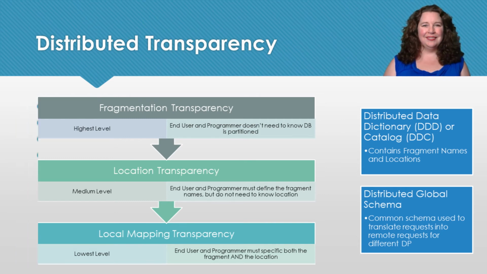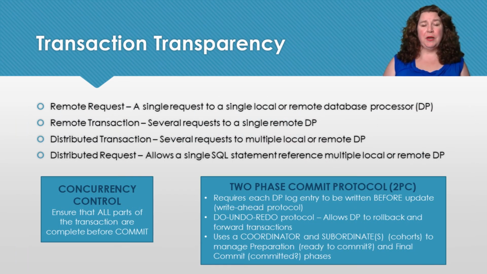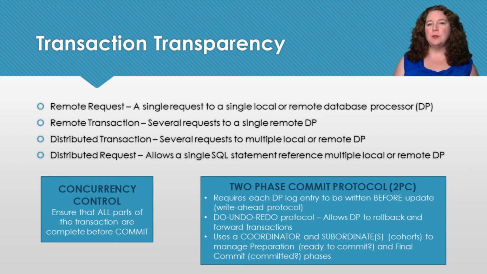Okay. Our transaction transparency is going to cover your ability to handle the transactions from multiple fragments, multiple locations. So we have 4 different ways of describing transaction transparency. How transparent is it? And these are going to break down into requests and transactions being either remote or distributed.